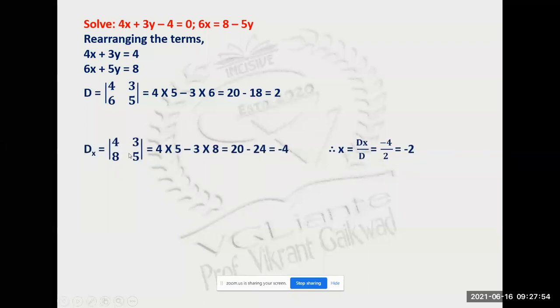That is d. For dx, 4, 8, check, constants, then y 3, 5. Multiply diagonally: 4 into 5 minus 3 into 8, so 20 minus 24, that is equal to minus 4. So x equals dx upon d, that is minus 4 upon 2. So the value of x will be written as minus 2.